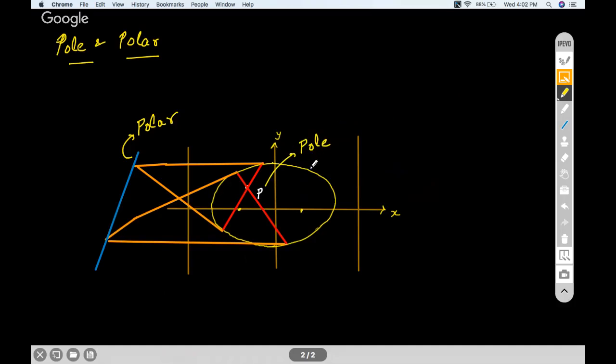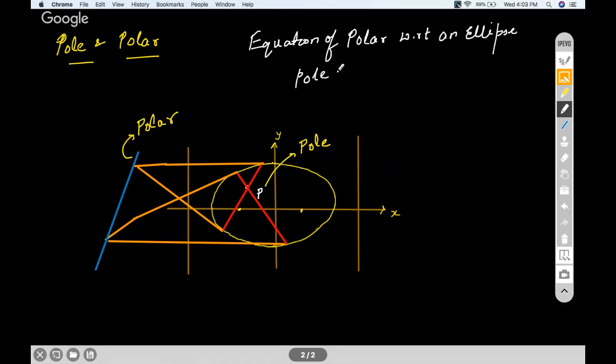Also remember, this pole could be inside the ellipse as well, or the pole could be outside the ellipse as well. Now the equation of the polar with respect to an ellipse for a given pole x1, y1 is again given by T equal to 0.